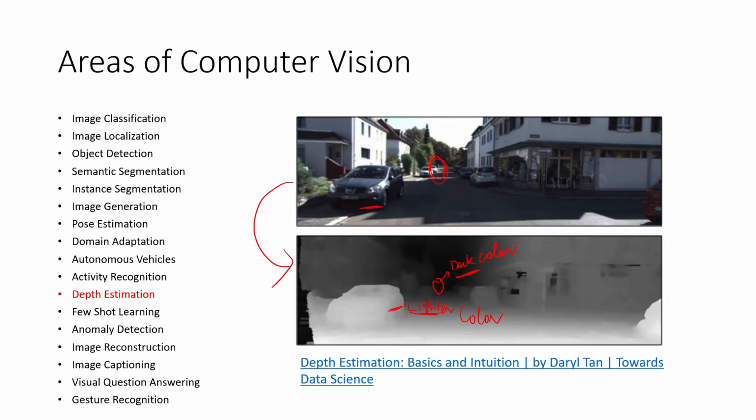So this is a kind of gray image, 0 to 1. This is a grayscale image. If you are very near, you are at the white level, and if you are at the back of the image, you are at the dark black level. So this is called depth estimation. You can read about these things within the links.